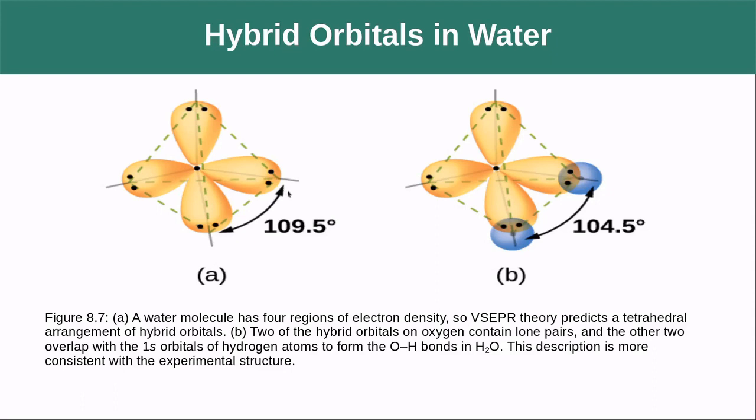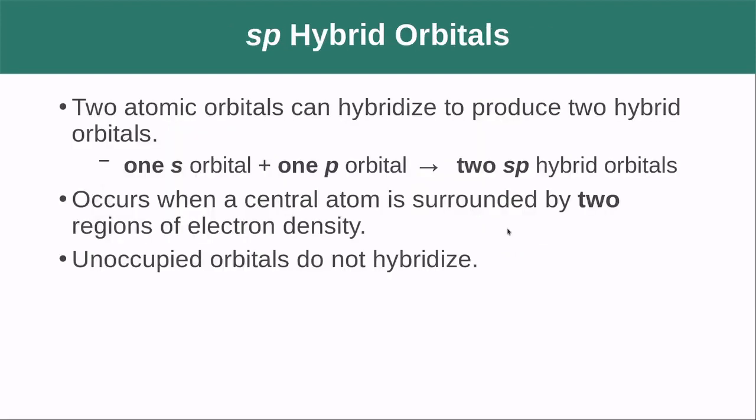We justified that it was less than that before by saying that the lone pairs are going to occupy more space. But we'll see that with atomic or hybrid orbitals, we actually don't even need that justification. We actually get down to 104.5 degrees, a lot closer with our experimental results. So what are hybrid orbitals?